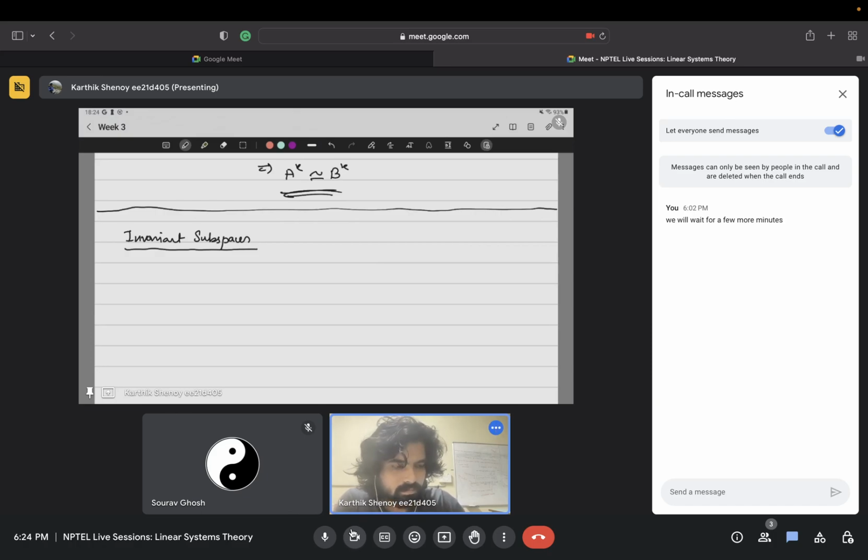So let's say you have a vector space V and S is a subspace of V. Let's say I draw a vector space V, and then I have a subspace, this is S. So the concept is: take any x belonging to S. Then if you have a linear transformation, f of x will also belong to S. Then we can say S is an invariant subspace of V, which is invariant under this transformation f of x.